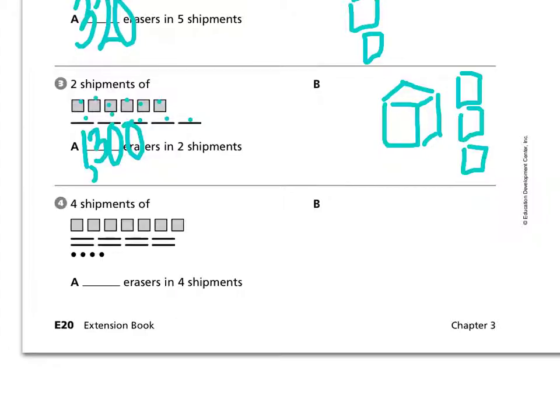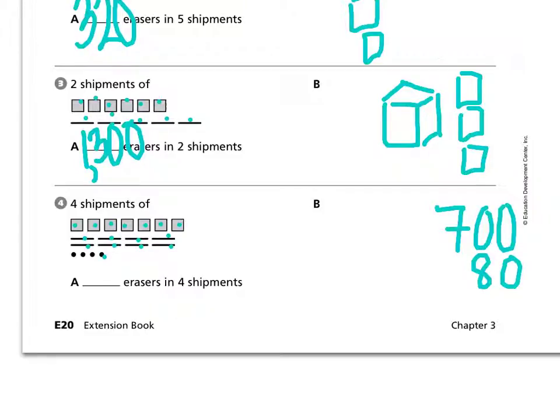Let's move on to number 4. I have 4 shipments of 1, 2, 3, 4, 5, 6, 7 boxes. I know 1 box is 100, so 7 boxes would be 700. And I have 1, 2, 3, 4, 5, 6, 7, 8 packs, which would be 80.